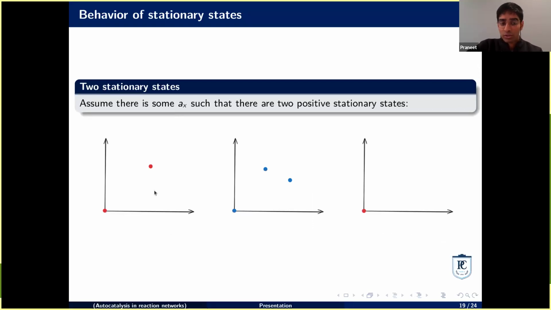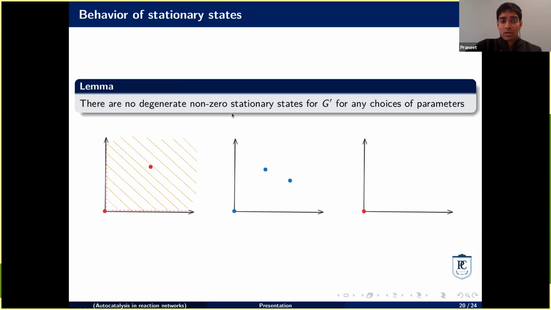When alpha is equal to 0, we're in this setting, we have one positive stationary state. When alpha is large, somewhere larger than Km divided by the smallest a_x, then we are in this setting where there's no bulk. And when alpha is exactly equal to 1, for this case, then we have two bulk stationary states. So this is the assumption that we will prove by contradiction cannot be satisfied.